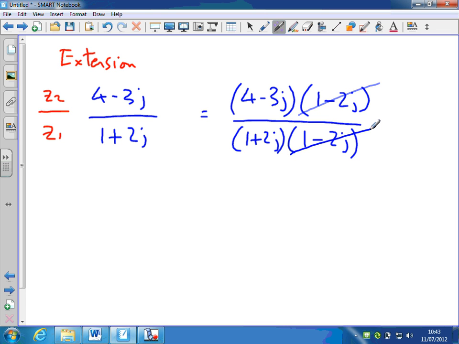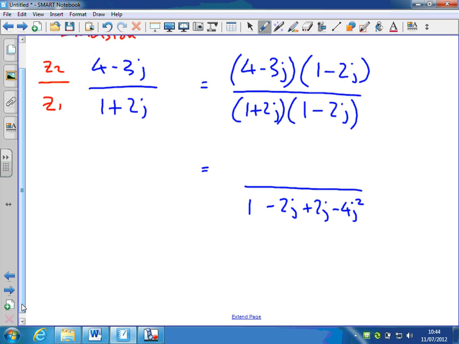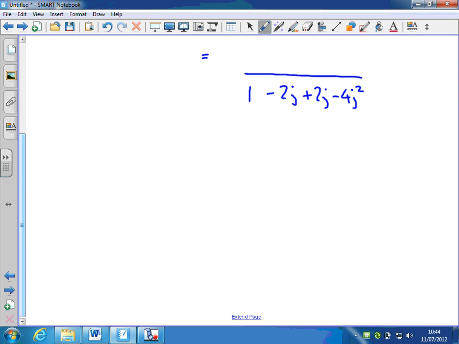But there's a reason why we do that, and that is because multiplying out the bottom, we get 1 times 1 is 1, minus 2j plus 2j, minus 4j squared, which equals 1 plus 4, which equals 5.